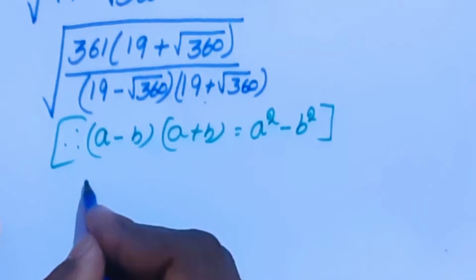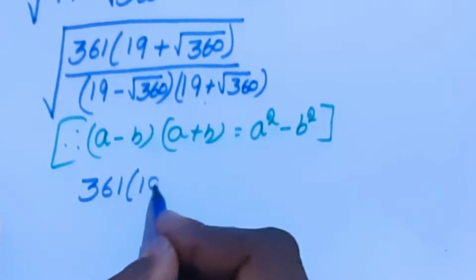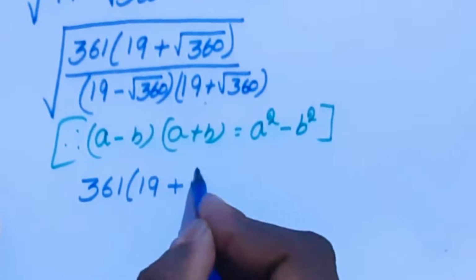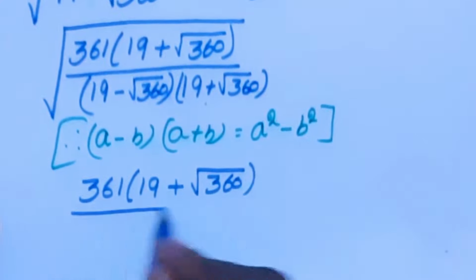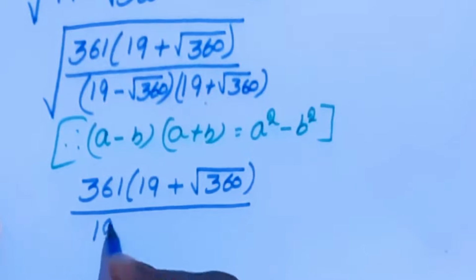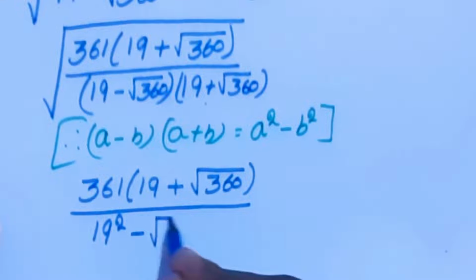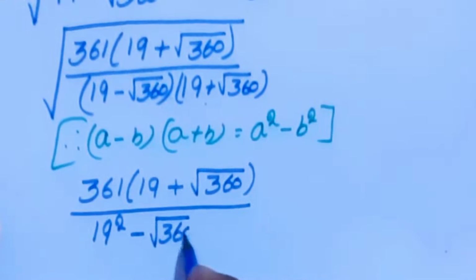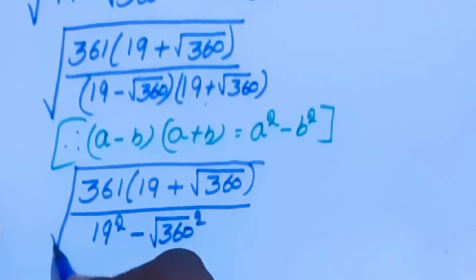So we'll get 361 times 19 plus square root of 360 by 19 square minus square root of 360 square in whole square root.